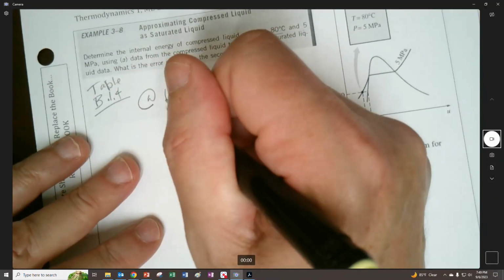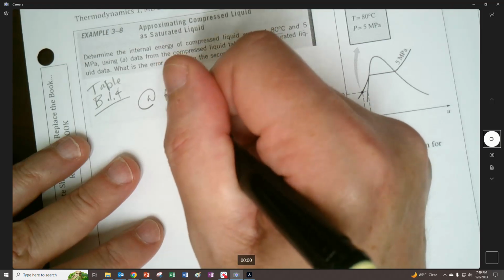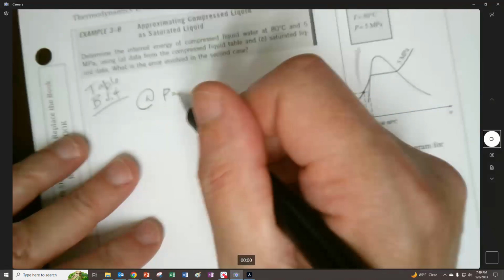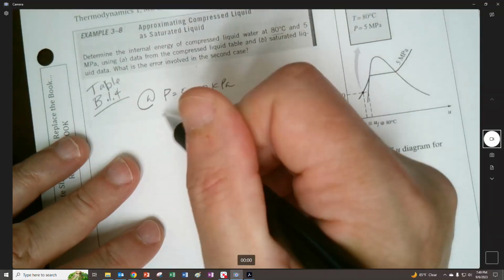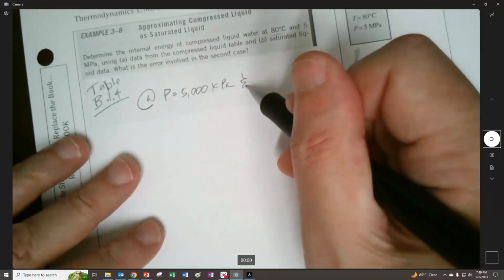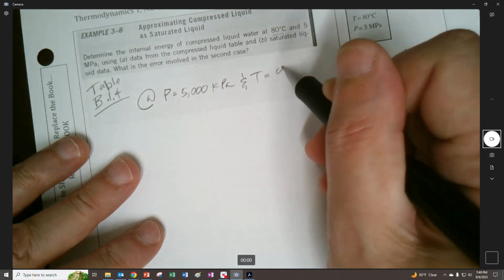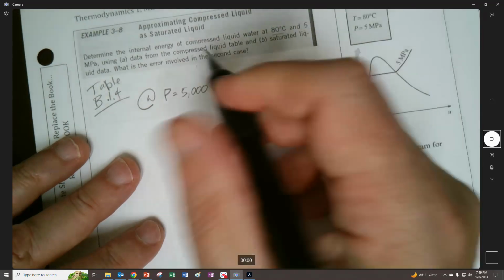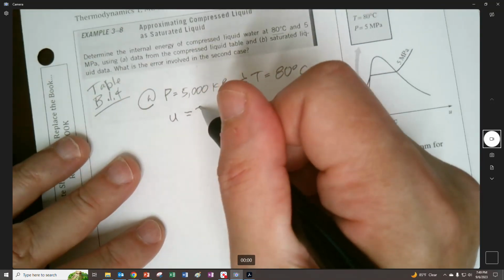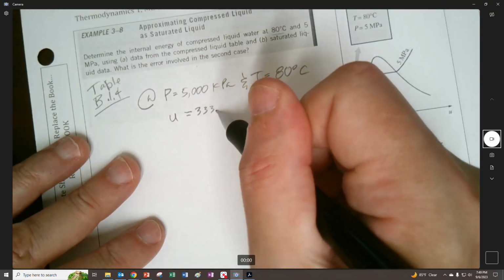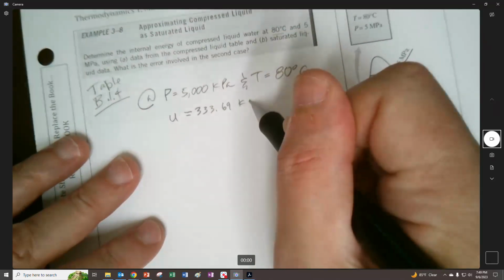At P equal to 5,000 kPa, because that's what we used, and T equals 80 degrees Celsius, we get U of 333.69 kilojoules per kilogram.